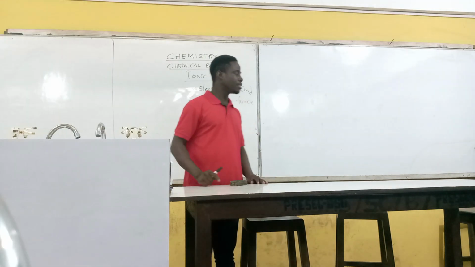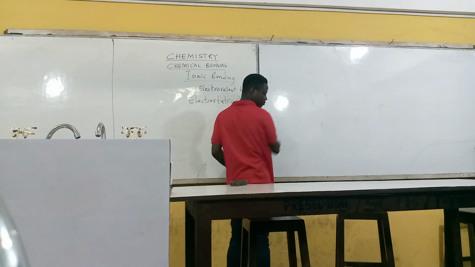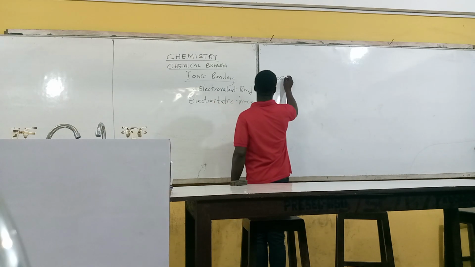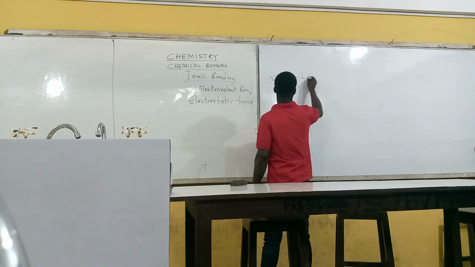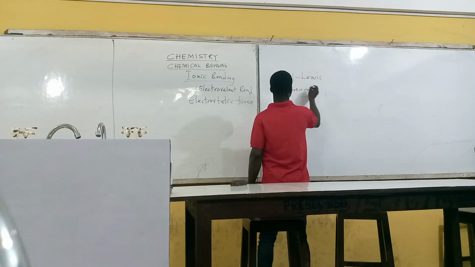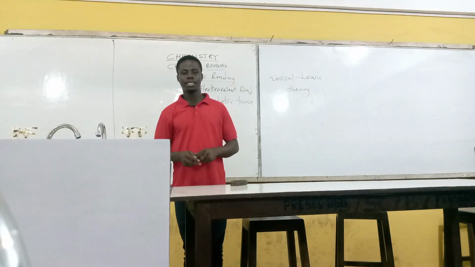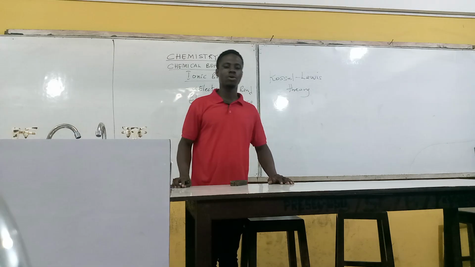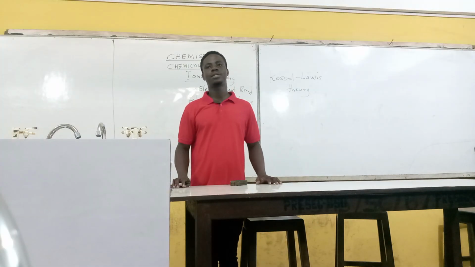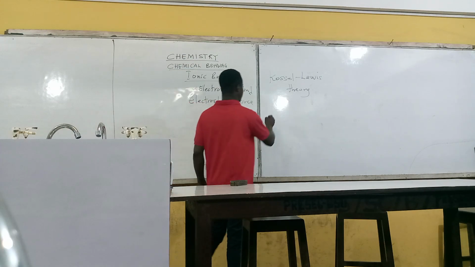And this concept is coined or propounded by the scientist Lewis, the Lewis theory. So we'll be looking at the Lewis dot structures, how to draw these Lewis dot structures for the various molecules.